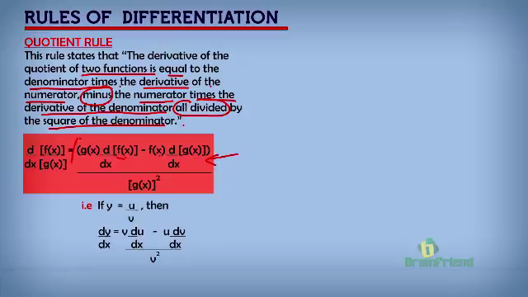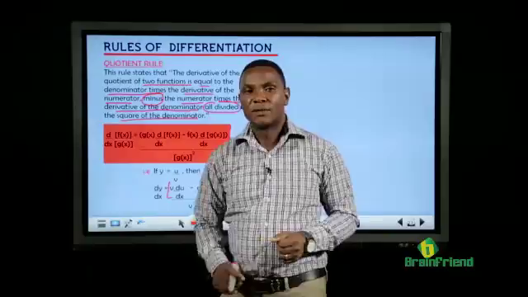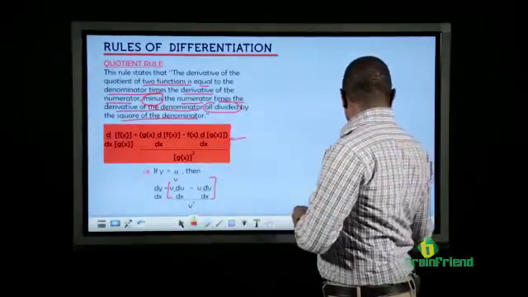All of that divided by g of x squared. In simpler terms, if y is u over v, dy dx, that is our derivative of y, with respect to x, would give us v multiplied by du dx minus u multiplied by dv dx, all over v squared. To understand this better, let's take a look at some examples.